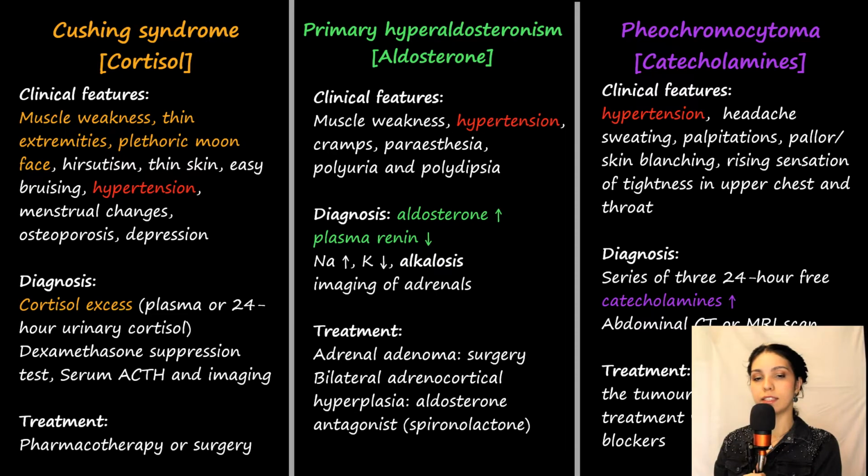CT scan is useful for primary adrenal pathology. If a pituitary source of excess ACTH is suspected, it's better to use MRI, and chest and abdominal CT scans should be performed in patients with a suspected ectopic ACTH production.